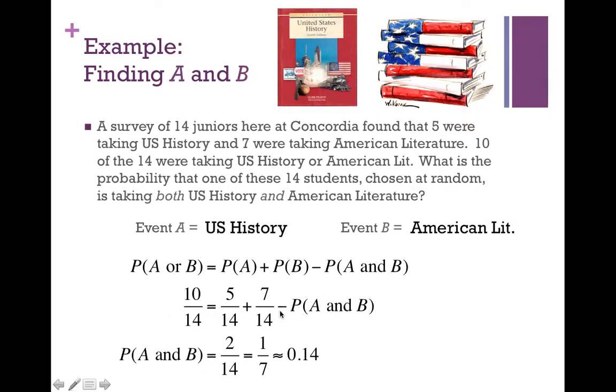But then since we still have a negative here, we can divide both sides and end up with 2/14 or 1/7 as the probability of choosing a student that is in both U.S. history and American literature, which as a decimal is approximately 0.14. So we can still use this same equation to find the intersection if we already know what the union is.